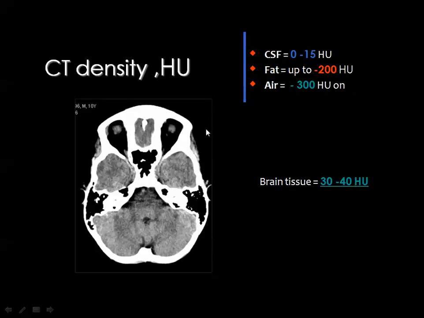That of the fat, like this in the orbital fat, measures minus values starting from minus 10 down to minus 200. Air, like air in the paranasal sinuses and air in the mastoid air cells, will measure much lower CT attenuation, about minus 300 and below.